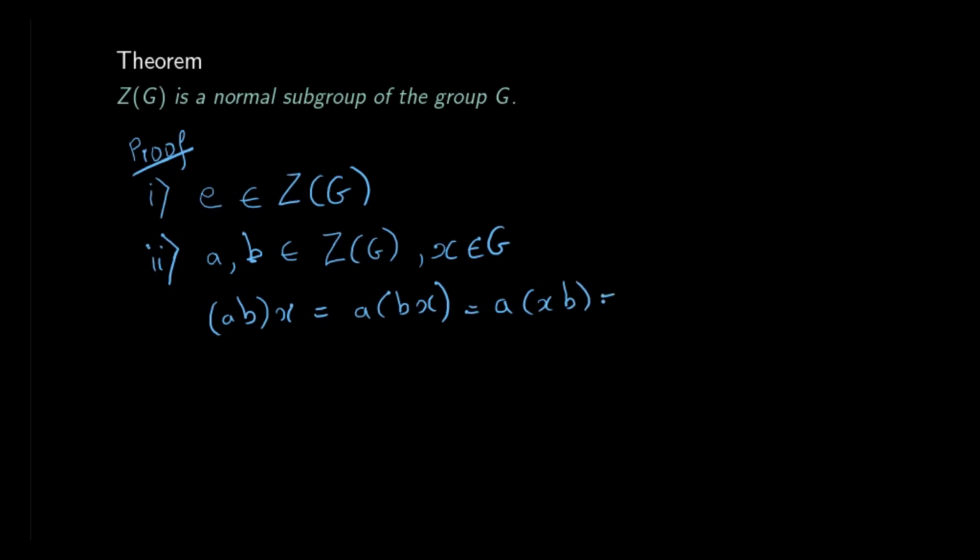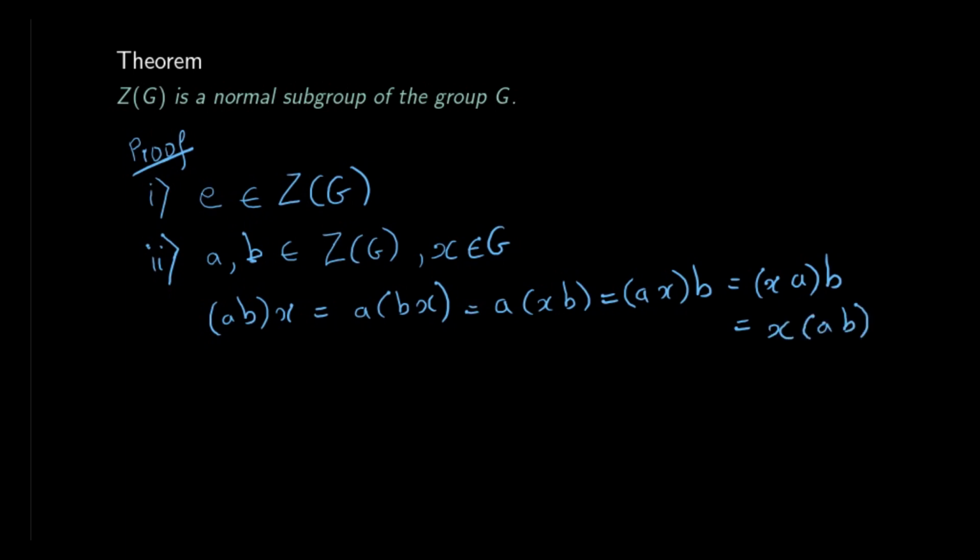Again, using the associativity of the operation of the group, we have (ax)b, and since a is inside Z(G), we have (xa)b, which is equal to x(ab).